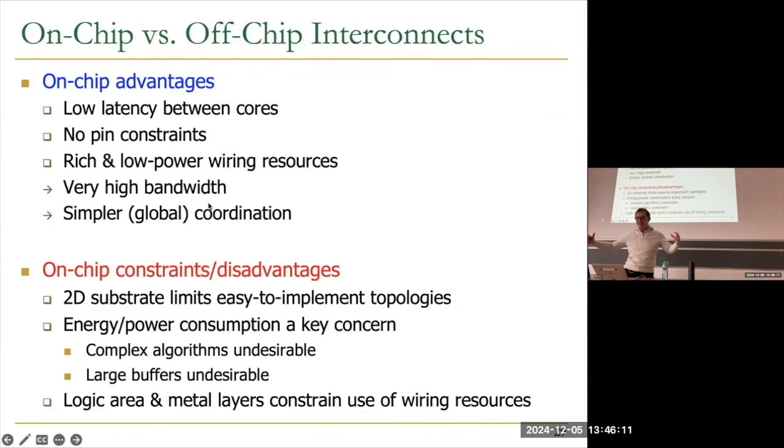And in the end, you actually have a lot of rich wiring resources because you have a lot of area, but whether you have enough area and whether you have enough metal layers constrain the use of your wiring resources. So very complex topologies that may require a lot of wires to go on top of each other, for example, may not be easy to implement on chip. But they may be easier to implement off chip, right?